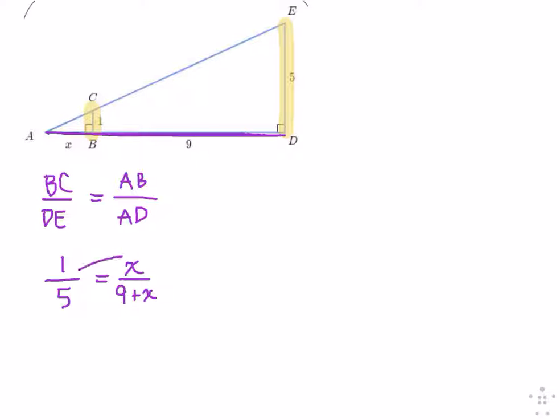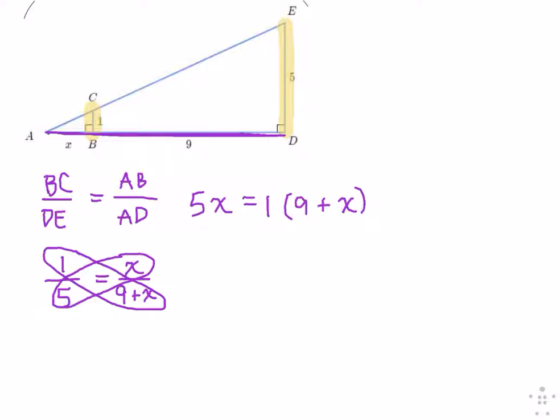So what we could do is cross multiply. So 5 times x is 5x. That's equal to 1 times 9 plus x. And we know if we multiply anything by 1, it's just going to give you that number. So this is going to be 9 plus x.